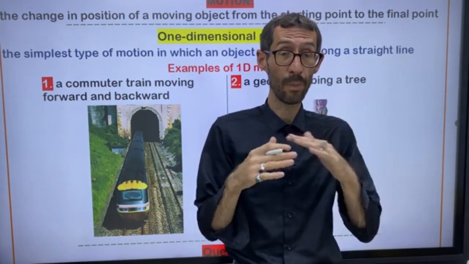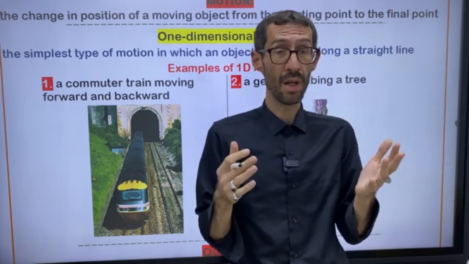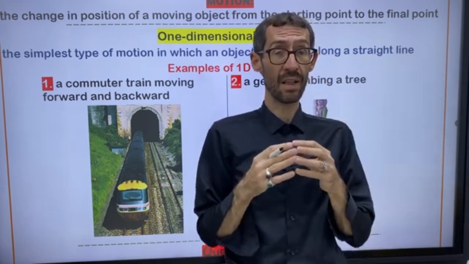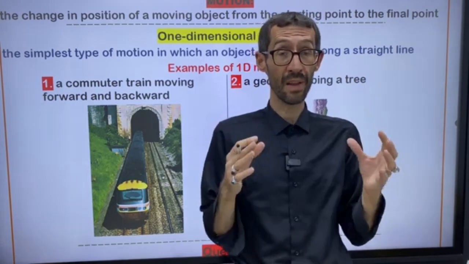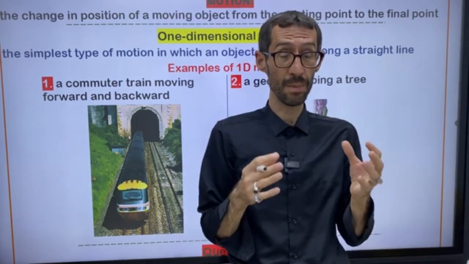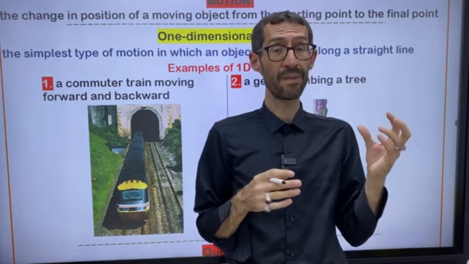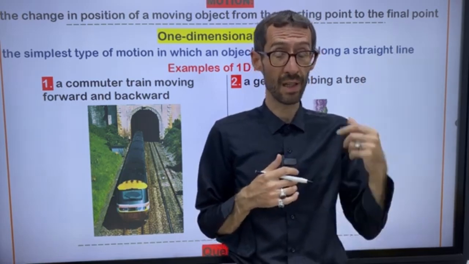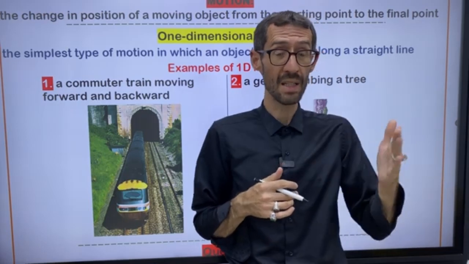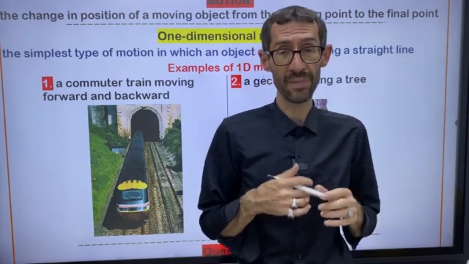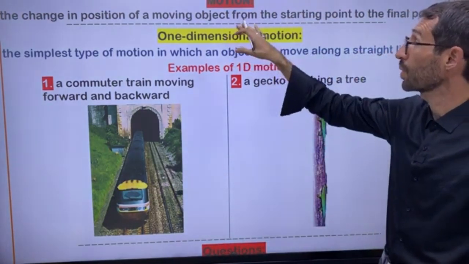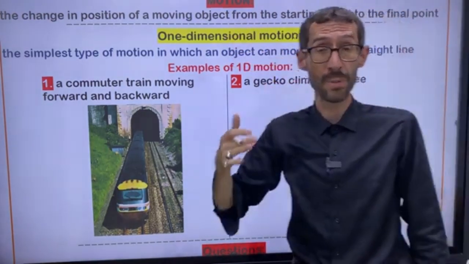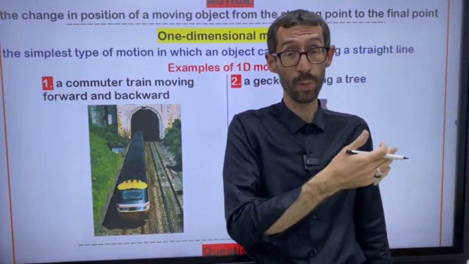I'm talking about physics, not biology. Based on physics thinking, there is no non-living thing. Everything is a living thing because it has a kind of motion. Motion means life. So I told you motion means change in position of an object from the starting point to the final point.